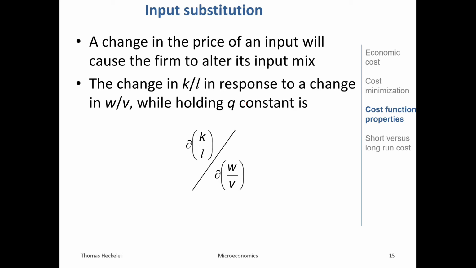Now, if you remember, last time, one of the implications of the first order condition of the cost minimization is that at the cost minimizing point, we have RTS, the marginal rate of technical substitution, L for K, equals MPL over MPK, equals W over V, right?